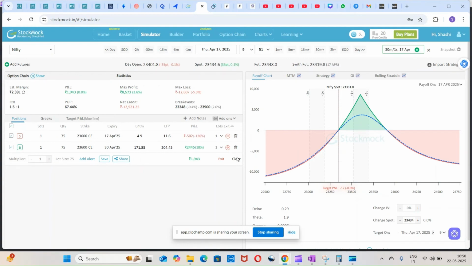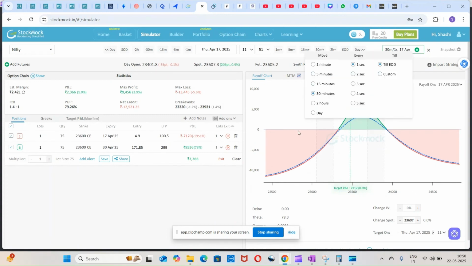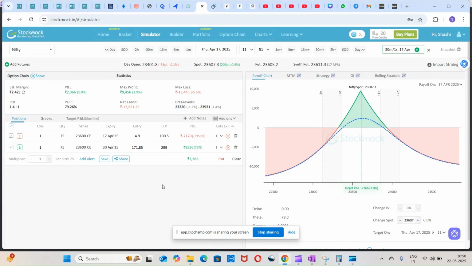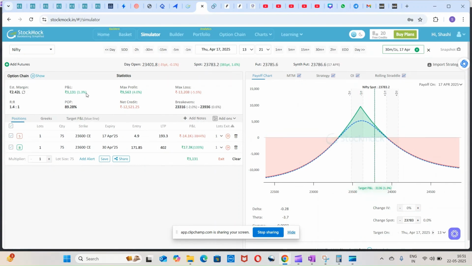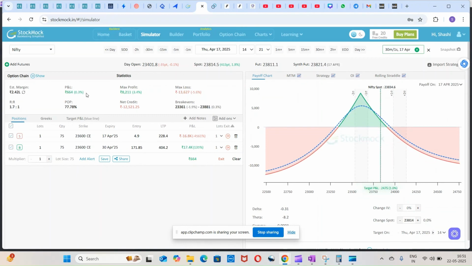Let's start the testing. It started giving a good amount of money in the initial hours, then it increased to 1.3%, then to 1%.